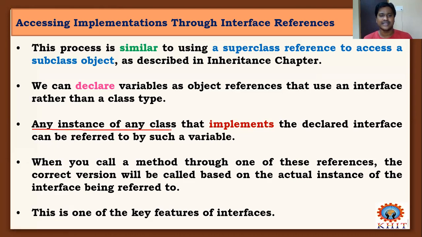And the next one is any type instance of any class that implements the declared interface can be referred to by such a variable. It means when we define a reference of an existing interface, any class instance that implements the declared interface can be referred to by such a variable.